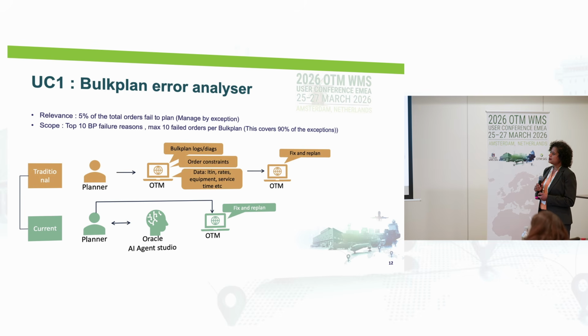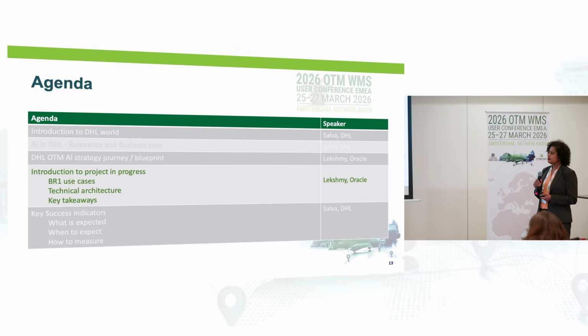The planner would go into OTM, look at the logs, look at the order constraints, look at the data. Yeah, there's a lot to do. Or they just raise a ticket because the order is high priority. I plan with a spot cost and not I, Carol, send it. So yeah, that's possible. But what we could also do is the planner could open the chat window of Oracle AI Agent Studio, just pop the bulk plan ID there and it'll tell you, hey, your service time does not meet the order.